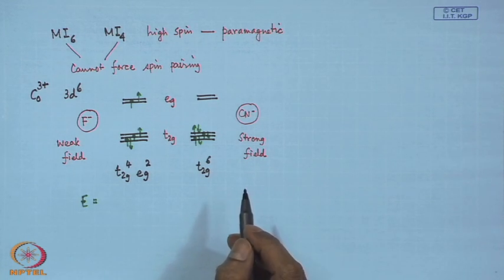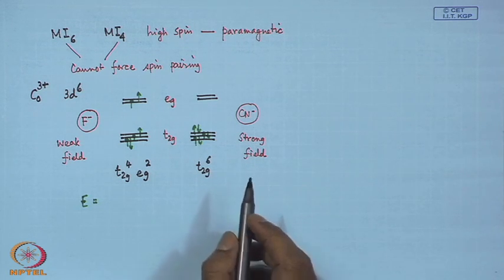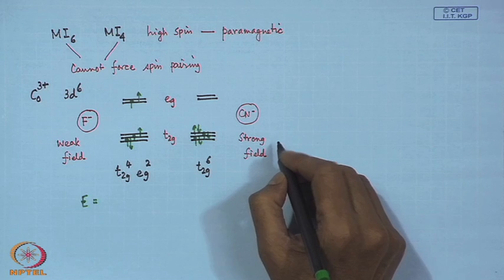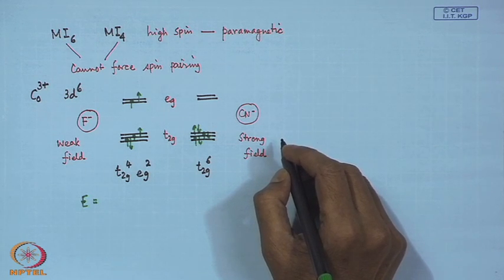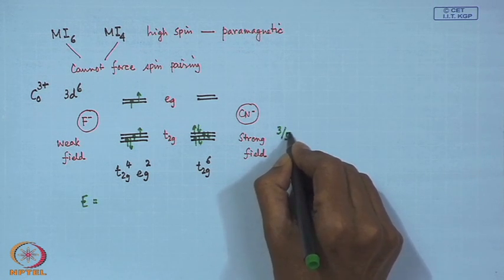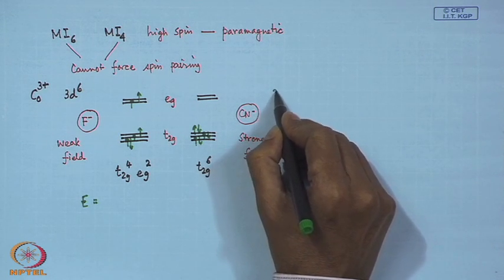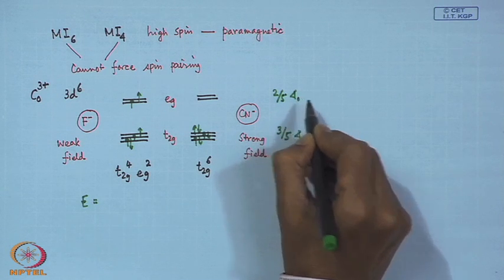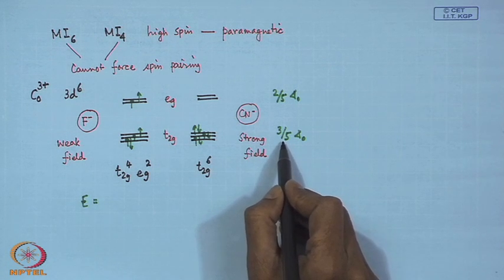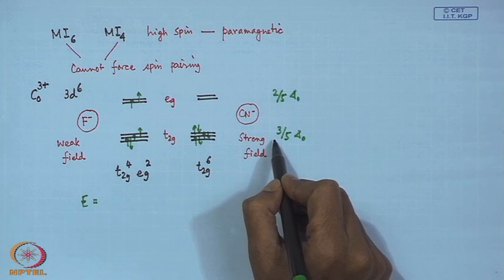What we have seen earlier is that the T2G level was stabilized by 3/5 delta O, and the EG set by 2/5 delta O. So, 4 will be multiplied by this value and 2 by this value, and this stabilization is negative in sign.